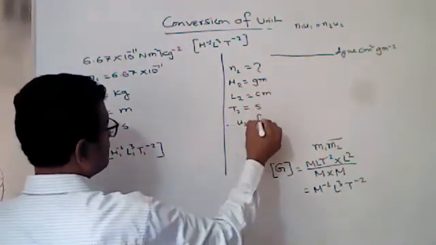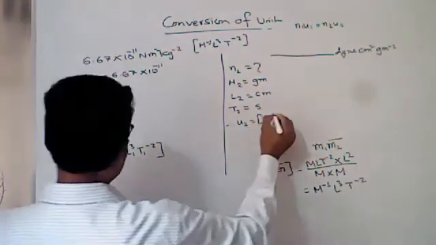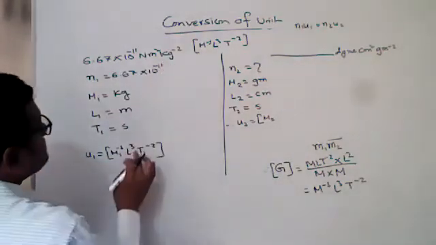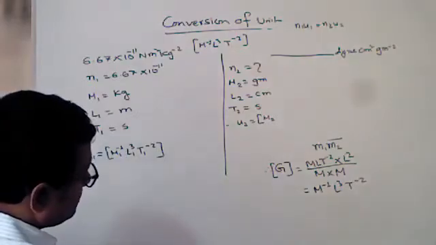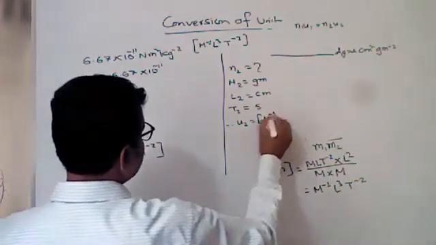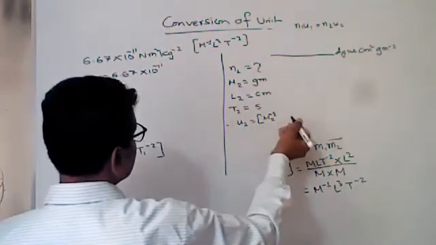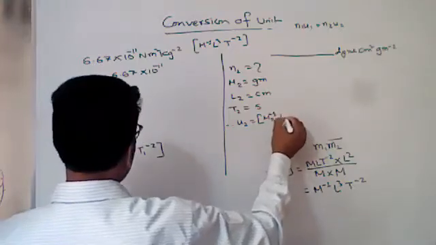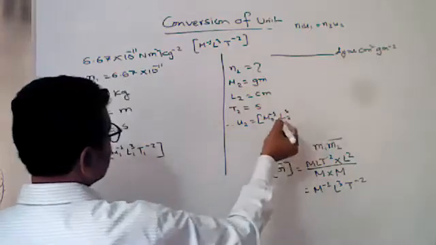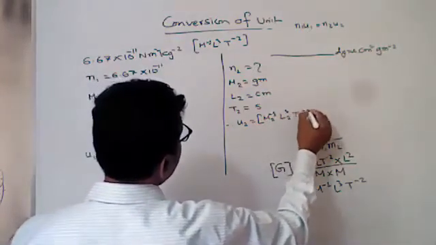So U2 equals M2 inverse 1 L2 cube T2 inverse 2.